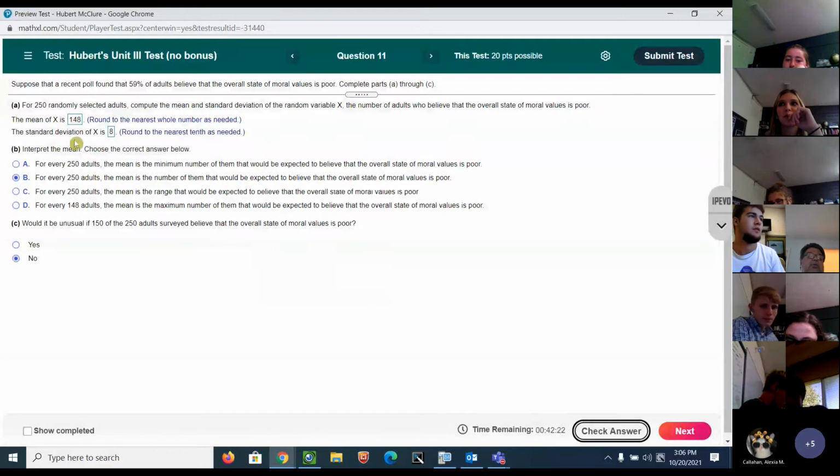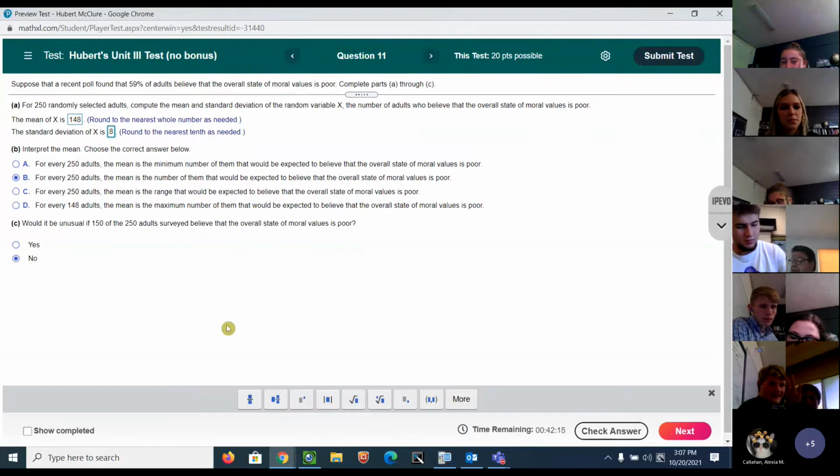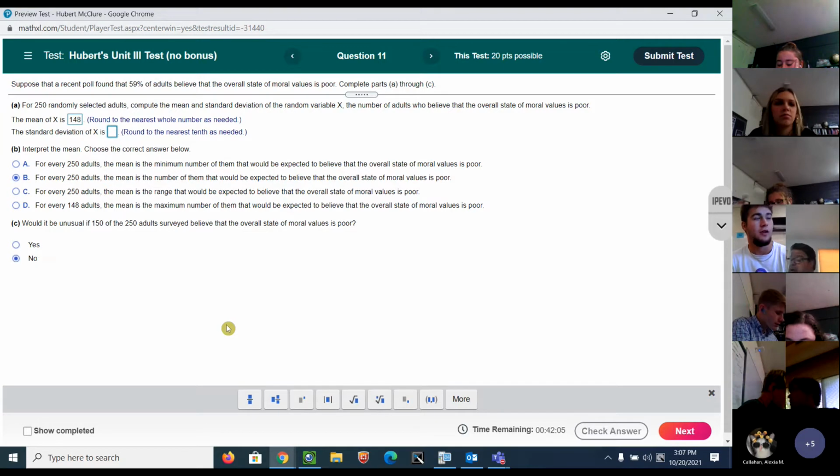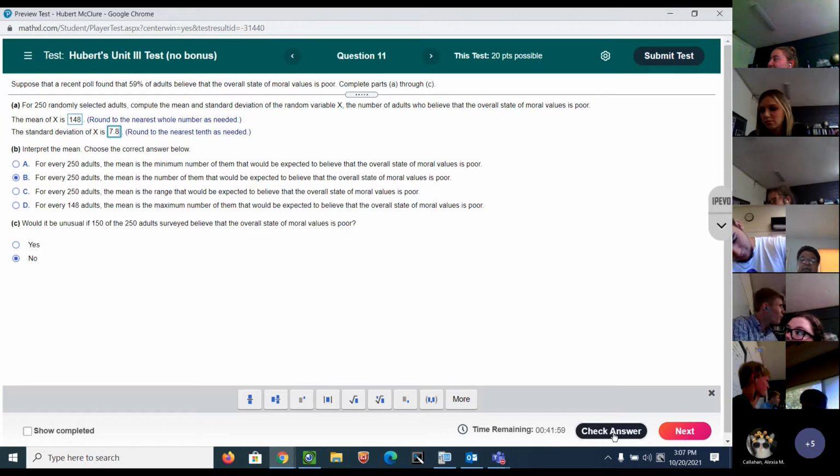Did somebody get a mean of 148 and a standard deviation? Oh, round to the nearest. This is so stupid. Why would you round the mean to a whole number and then the standard deviation to a decimal? 7.8. Okay, are you satisfied?